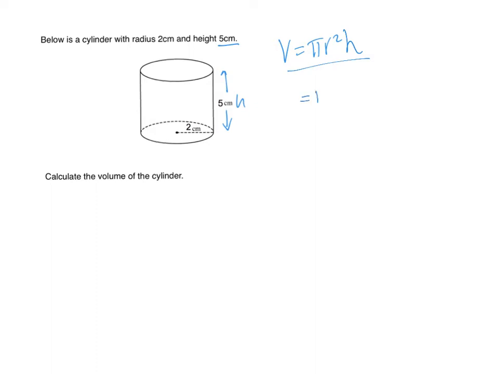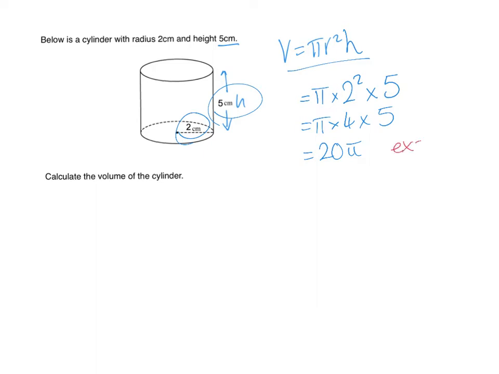So for this cylinder, we want pi multiplied by radius squared, so 2 squared, multiplied by the height. If we simplify that, 2 squared is 4. Multiply 4 by 5, we get 20. So 20 pi would be the exact value, or the value in terms of pi.